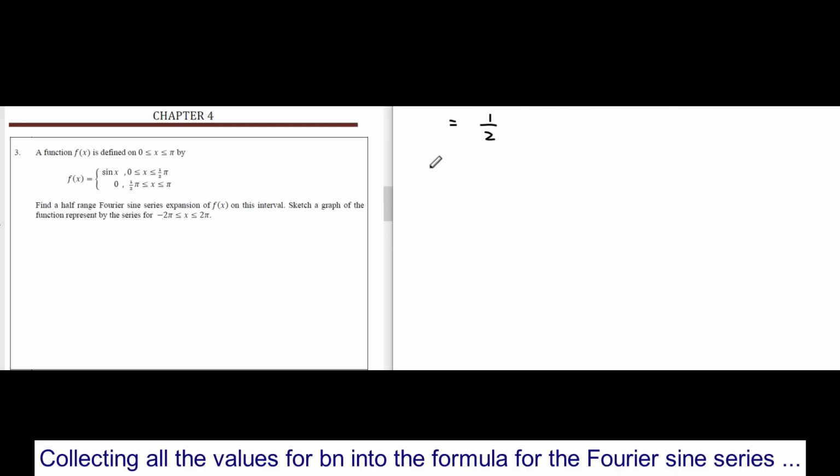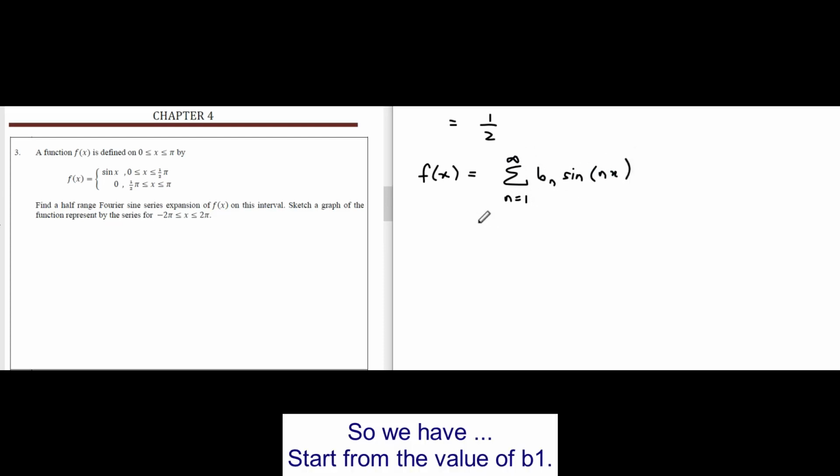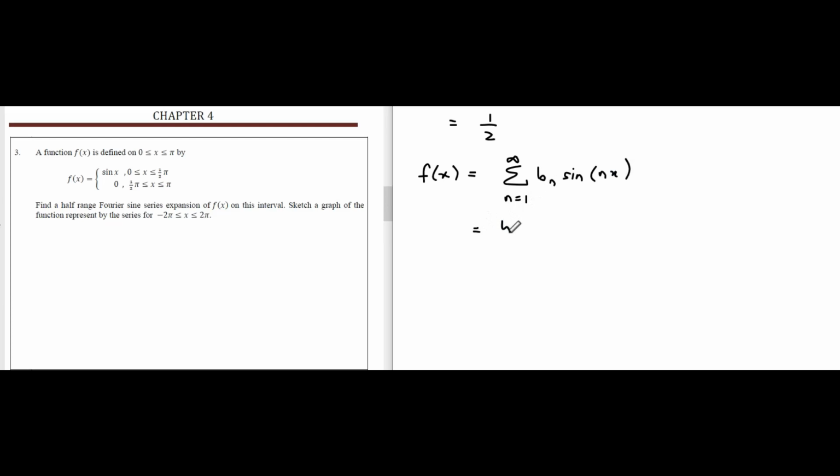Collecting all the values for Bn into the formula for the Fourier sine series, we start from the value of B1 sine 1x.